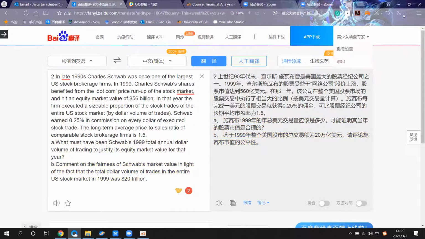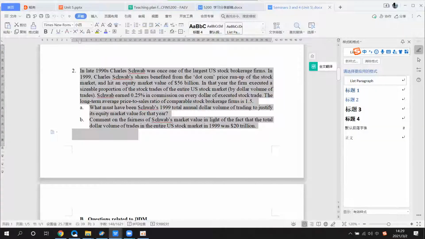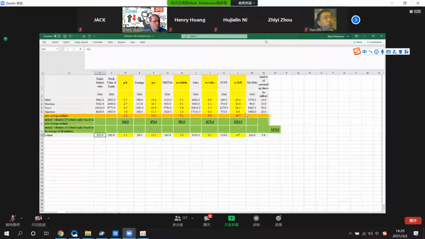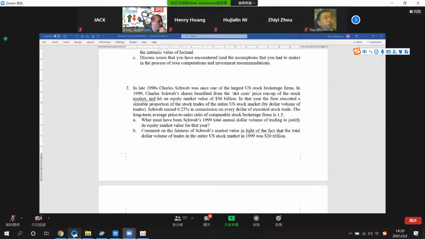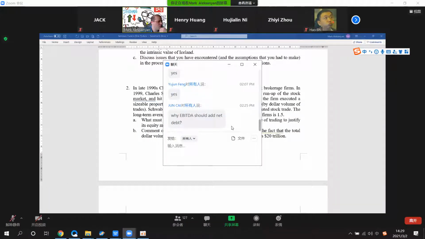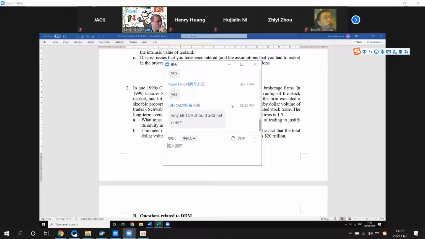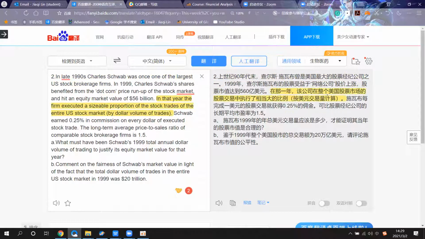I'm just leaving this question to you to read and try to make sense of it first before I show the solutions. In the chat room, there is a question about EBITDA. Let me see what you mean. Too many screens here. Struggling to navigate between different open screens.